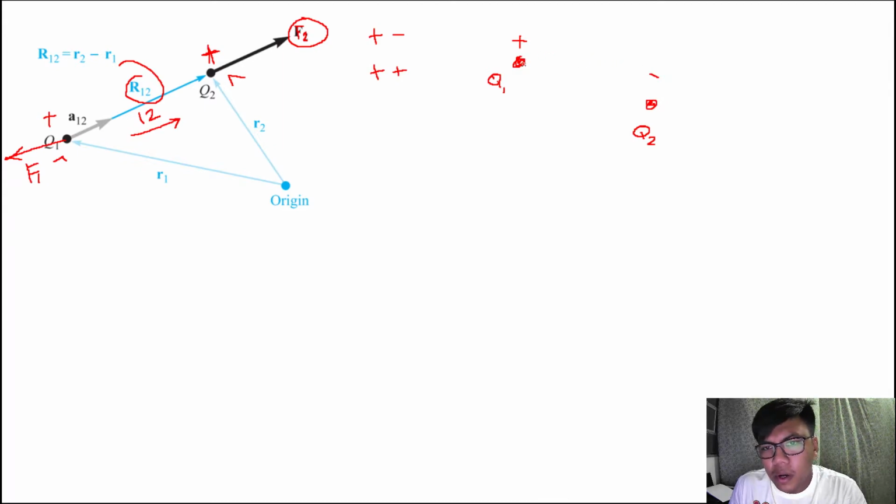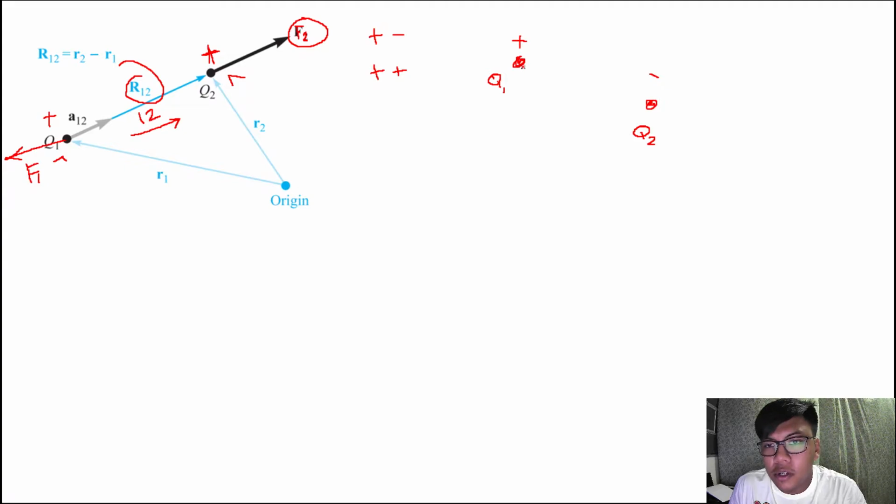Pag tinanong halimbawa, what is the force experienced by Q1? O sino ba mag-exert ng force kay Q1? Siyempre, isa lang ang charge na niya, si Q2 lang. Okay? Kaya, kung sila ay unlike charges, mag-a-attract sila. So, ang gagawin ni Q1 is hihilahin niya si Q2. Same with Q2, hihilahin niya si Q1.